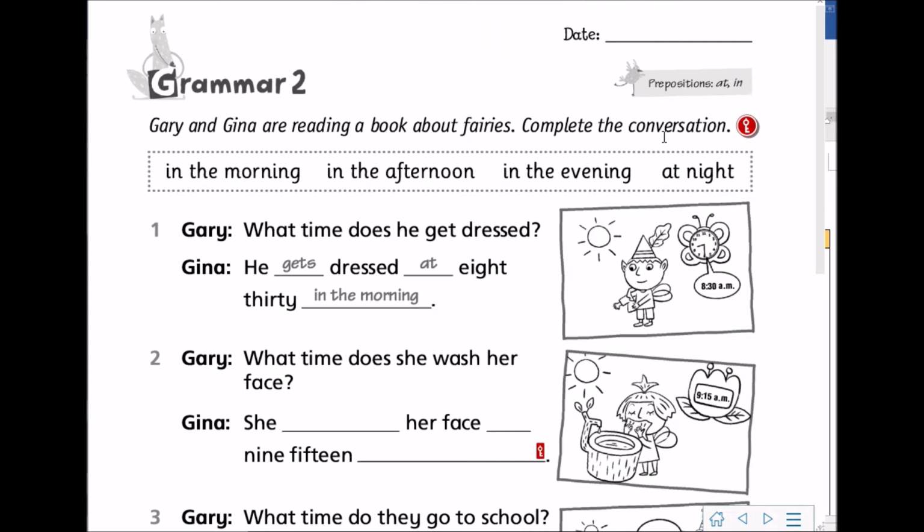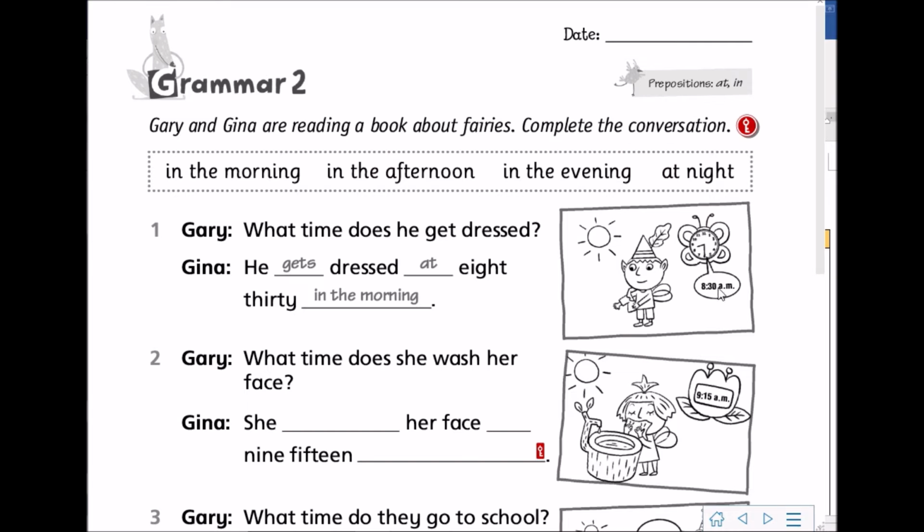Okay, please turn your workbook to page 16, Grammar 2. So when we talk about time, not just about the number, it's also very important to indicate the time with these time phrases: in the morning, in the afternoon, in the evening, or at night.